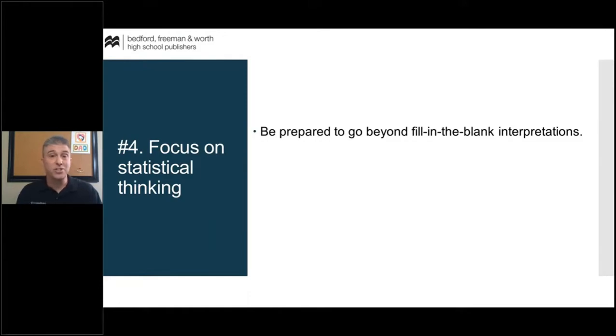There might be some, like interpreting a confidence interval or the slope of a least squares line, but it's unlikely that there's going to be lots of those opportunities. So it's important that you know what you're talking about, that you understand the statistical thinking involved, and you're not just filling in blanks. It's unlikely you're going to have lots of opportunities for that on this year's AP exam.